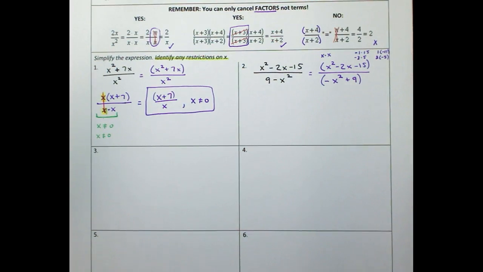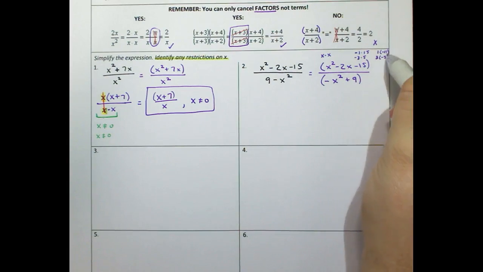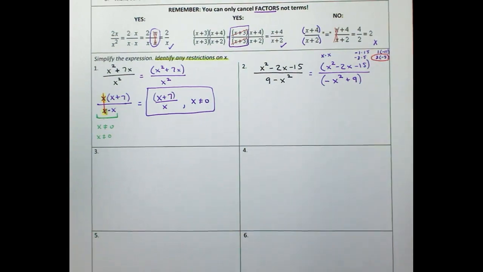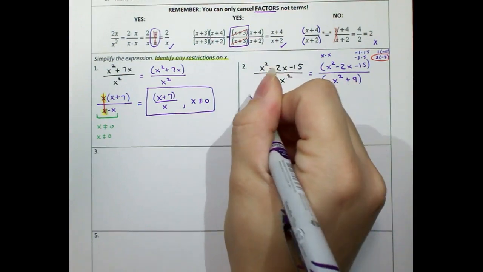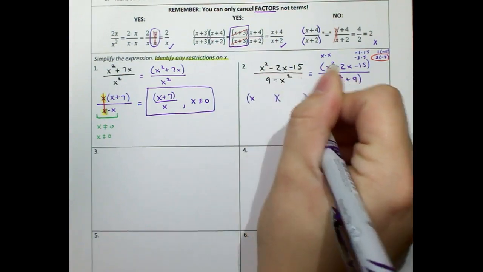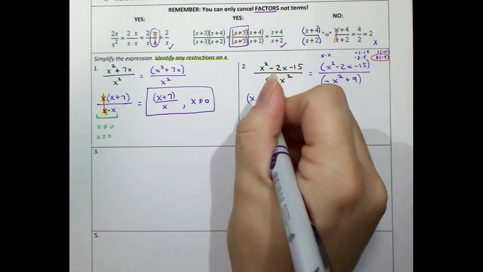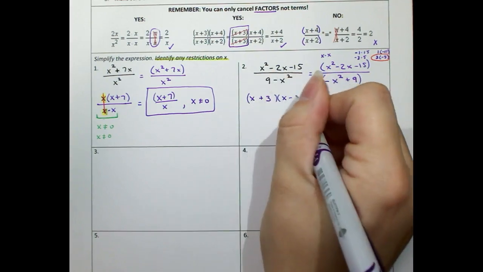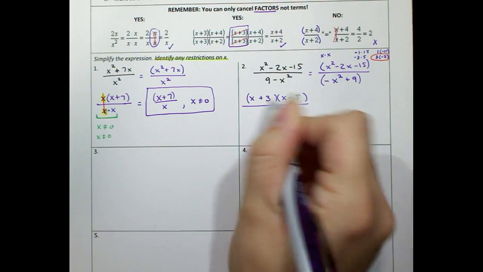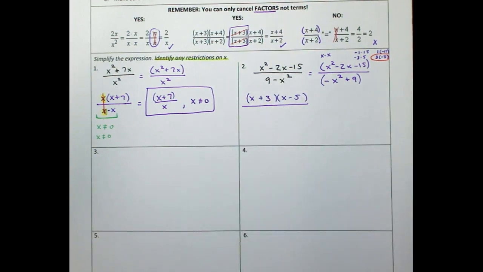In this case, I believe it's going to be 3 and negative 5. That would add to negative 2, correct? So we would factor this as x plus 3 and x minus 5. And it doesn't matter which order those factors come in.